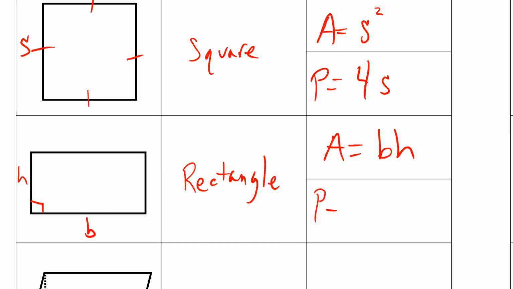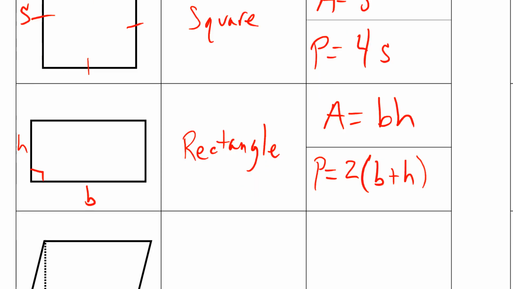Perimeter, however, on my rectangle, I could do base plus height plus base plus height. But if I just did my base plus my height, and I did it again, that's the same thing as multiplying base plus height times 2. Now, don't get worried, if you prefer to do it base plus height plus base plus height, or base plus base plus height plus height, it's the same thing.